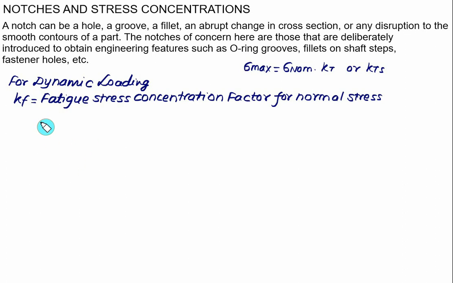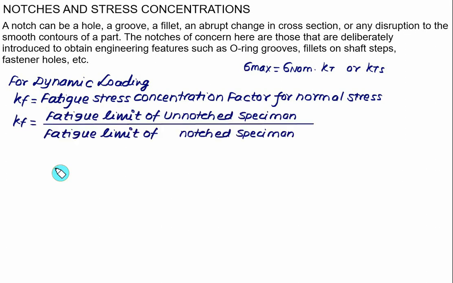Kf represents the fatigue stress concentration factor for normal stress, which is the ratio of the fatigue limit of an unnotched specimen divided by the fatigue limit of a notched specimen. Both these definitions are valid if we have axial loading or bending.